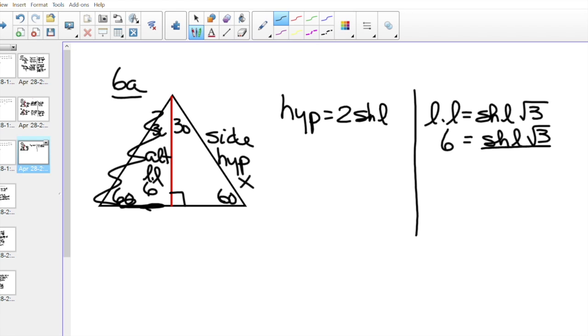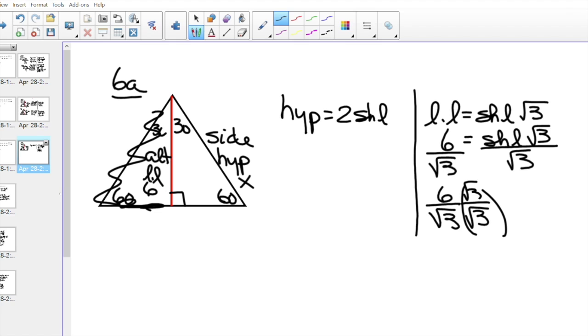Now, here we go dividing by a radical. Now, we have to rationalize our denominator, which means to multiply by the square root of 3. Well, that's going to be 3 on bottom, cancel.